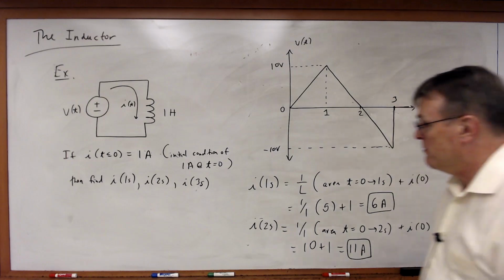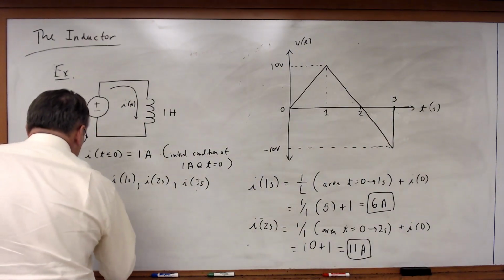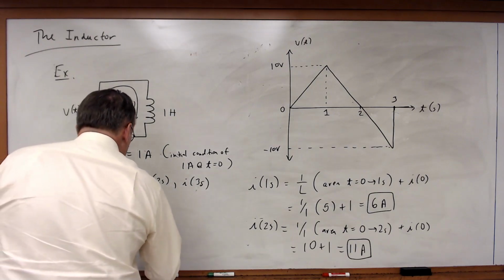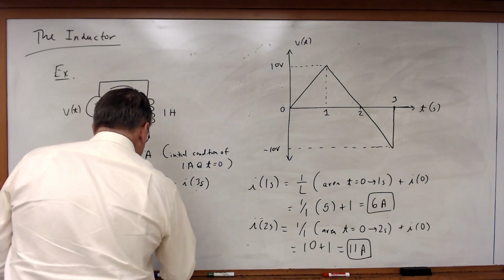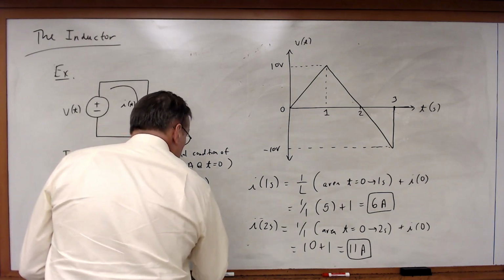And for t equals 3, I at 3 seconds will be equal to 1 divided by 1 times the area from t equals 0 to 3 seconds.